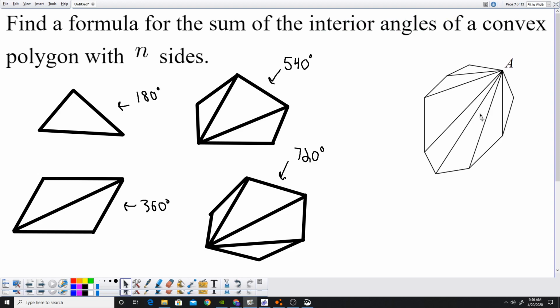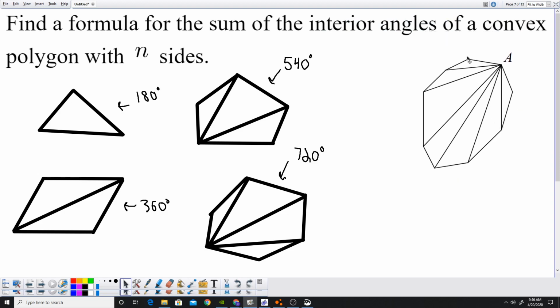It's definitely a polygon, and it has 1, 2, 3, 4, 5, 6, 7, 8, 9 sides. And if it's 9 sides, it has 1, 2, 3, 4, 5, 6, 7 triangles. Well, what seems to be the pattern? 3 sides is 1 triangle, 4 sides is 2 triangles, 5 sides is 3 triangles, 6 sides is 4, 9 is 7.